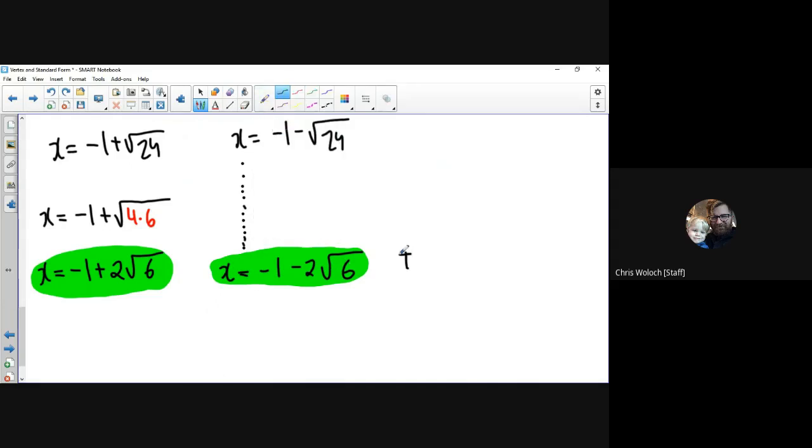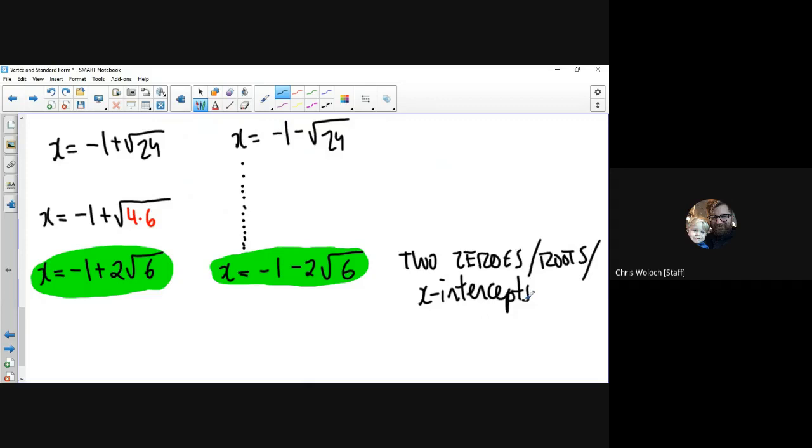So these are my two zeros, or roots, or x-intercepts.